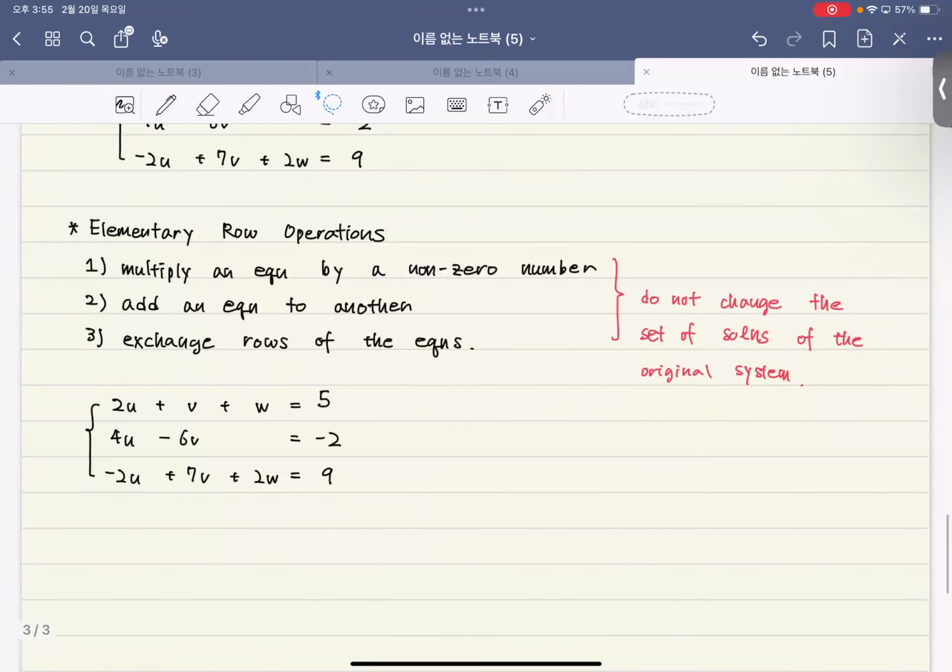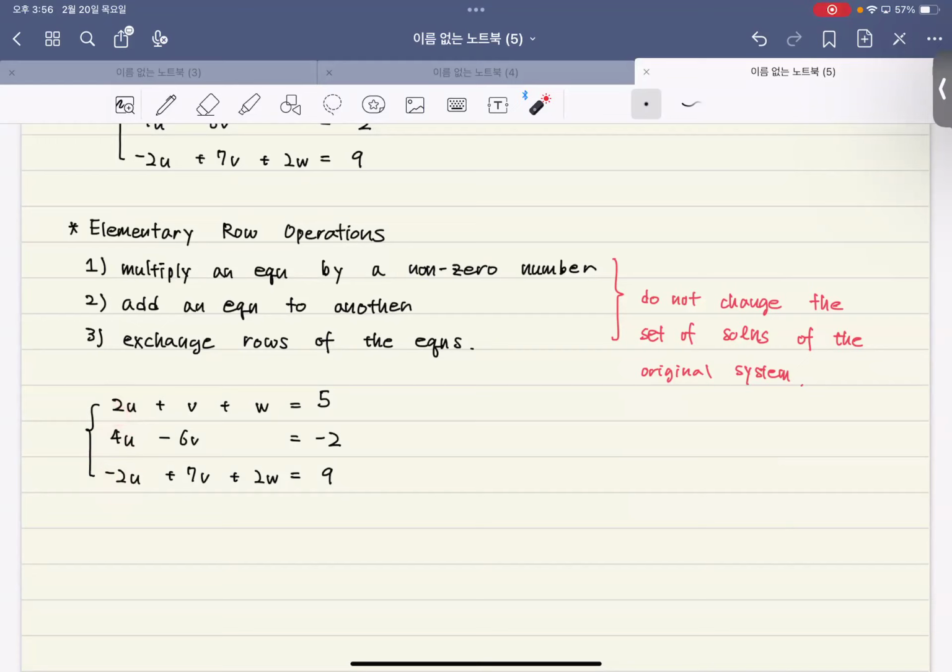This is the original system, and I want to transform it so that it looks like an upper triangular system. In order to do that, my first target is to eliminate these two numbers, 4 and -2, just by using elementary row operations. How can I do that? Divide 4 by 2, which is 2.